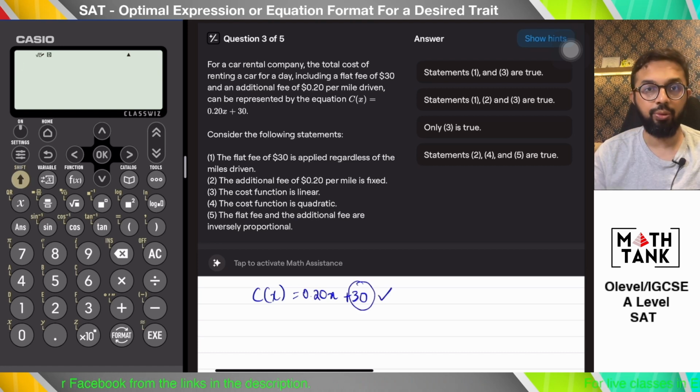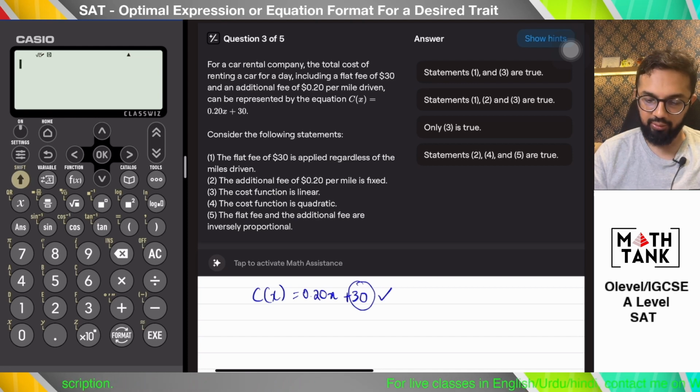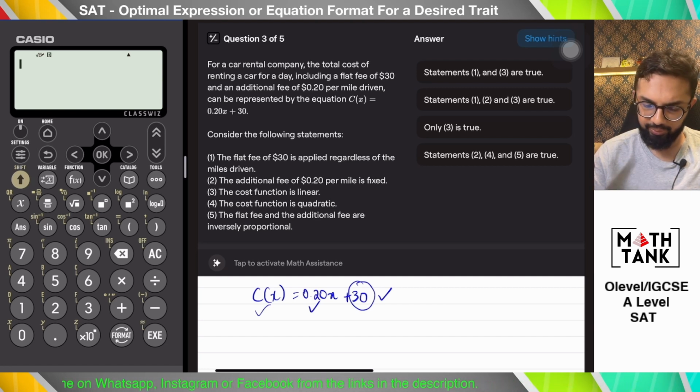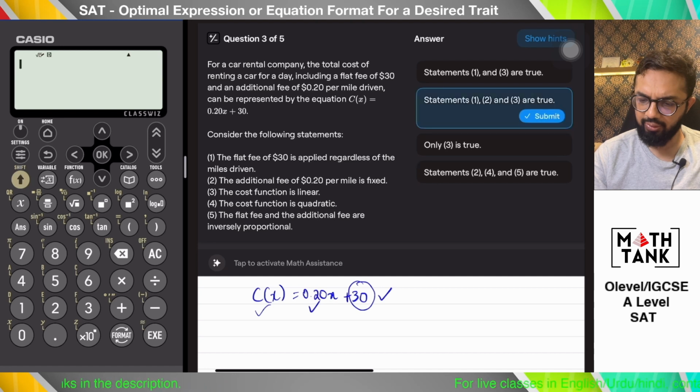Yes, the cost includes $30 by default. So that is there. The additional fee of 0.20 per mile is fixed. Yes, that is also fixed. The cost function is linear. Yes, I see x as power 1. The cost function is quadratic. No, 4 is not true. Statements 1, 2, 3 were true. 4 is not true. 5, the flat fee and additional fee are inversely proportional. No, that's also not true. So statements 1, 2, 3 are fine.